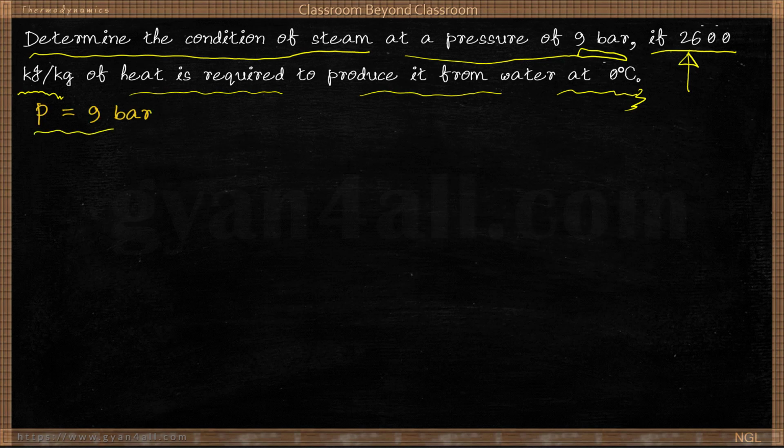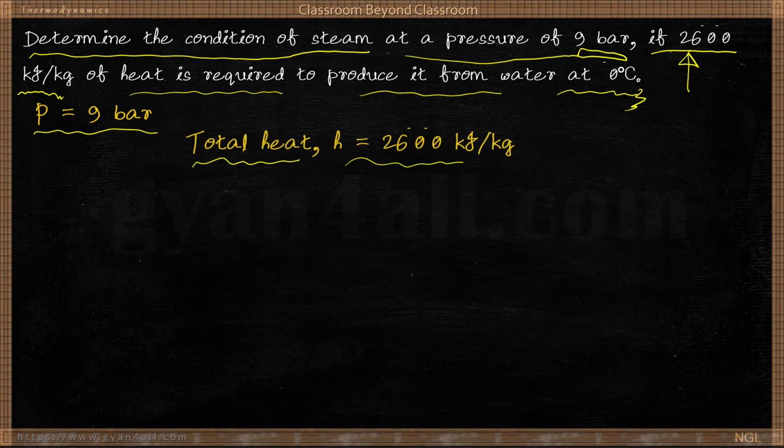So we are given that pressure is equal to 9 bar and total heat is 2600 kilojoule per kg of steam. So you remember this value of H, and we'll look at the steam table.